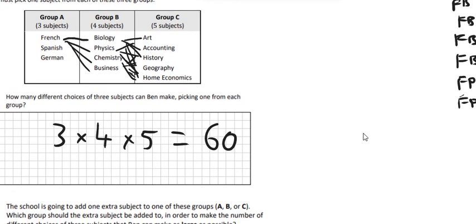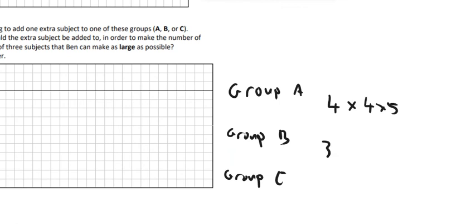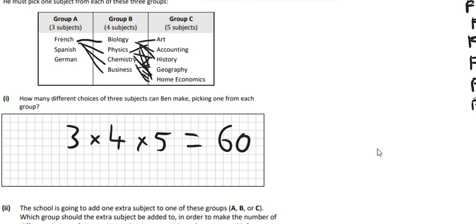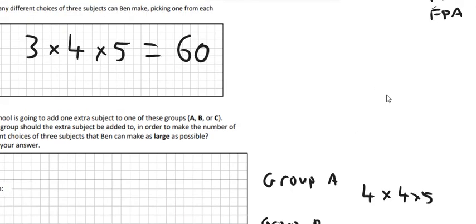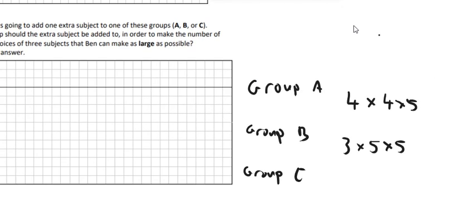So now it would be 3 times 5 times 5 choices. And if you were to add one to C, then there's 5 in C already, so it goes to 6. 3 times 4 times 6.